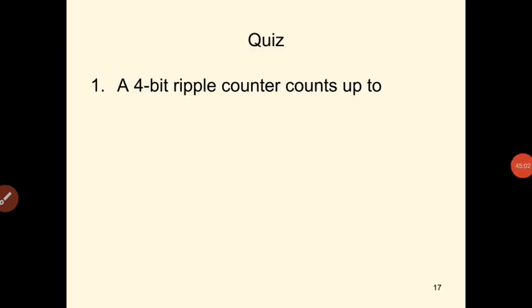A 4-bit ripple counter counts up to how many clock pulses? It will be equal to 16. Answer will be 16. Counts up to 15.